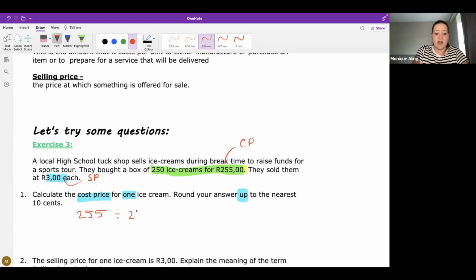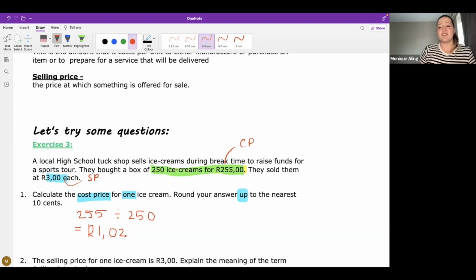So we can work out the price of one ice cream, which gives you, which most of you did get, 1 Rand and 2 cents.